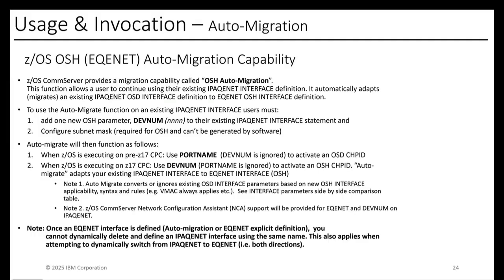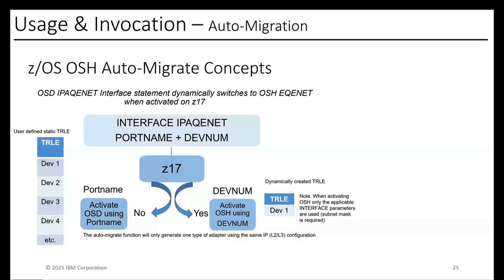But we did offer this ability to do auto migration for you. So you could literally take your IPQENet definition today and add, don't delete anything, don't alter it other than add the new dev number that was configured to be used on a Z17 machine. Now I'm going to jump forward to get to a chart because it's just easier to talk to this chart. So you're activating on this new IPQENet or your old IPQENet definition with a dev number and a port name.